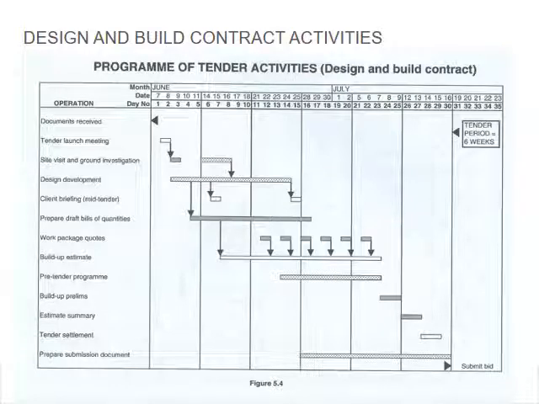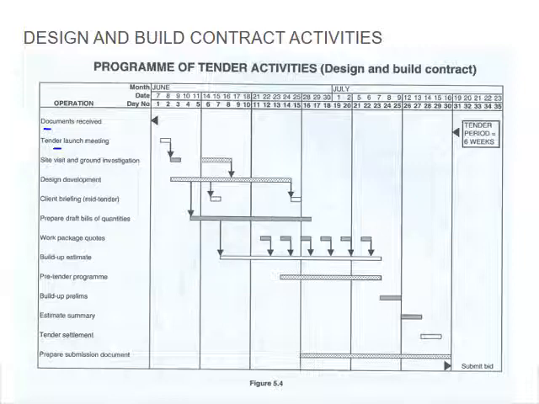Okay, then you've got the program of tender activities. So here you've got your design and build contract. So I'm just going to brush through this one. So you've got your documentation that you receive. So this is your tender document for that, the tender launch meeting.